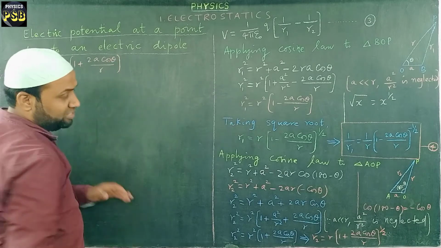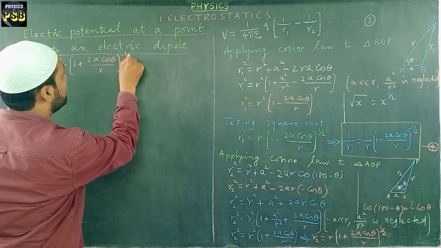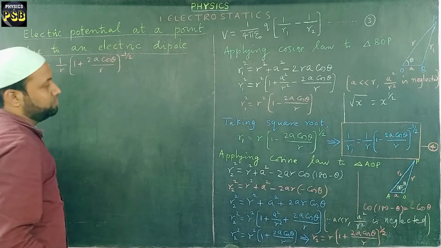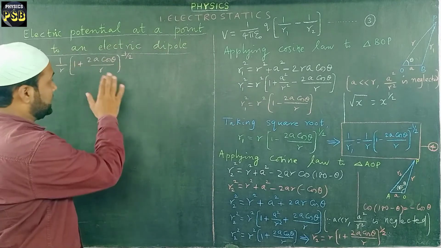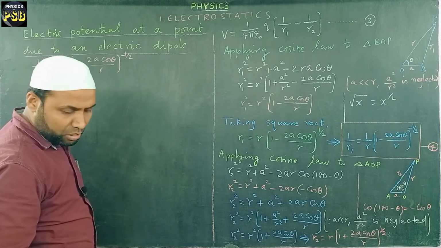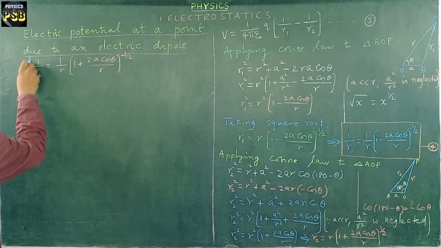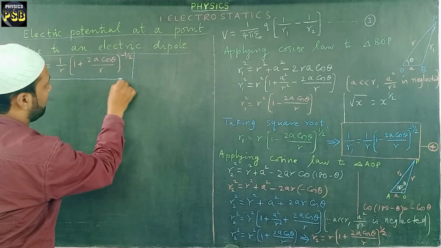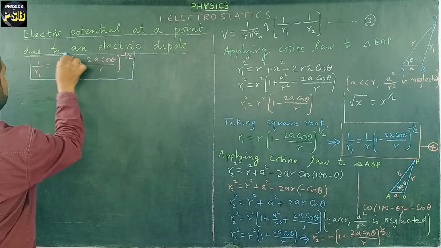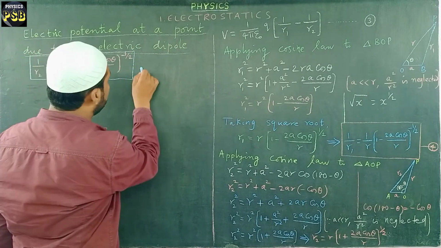Now, instead of power half, I write power minus half. Before that, I box this equation for convenience. I name this equation number 5.